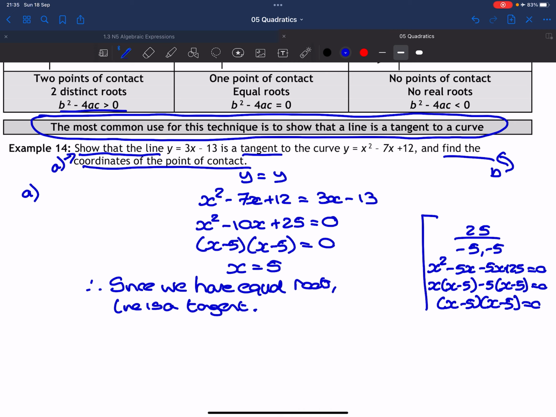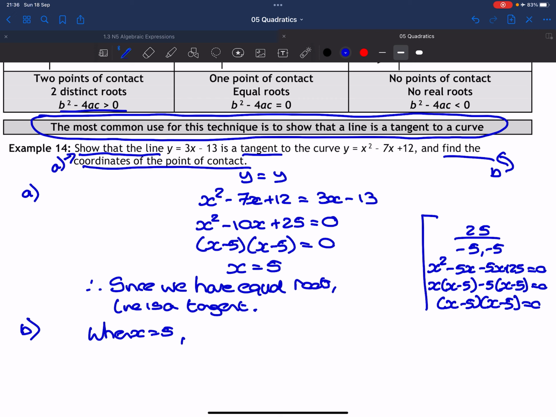Then we can continue on and do part B. I want to find the coordinates of the point of contact. I've nearly done that because I have one point of contact, which happens when x is 5. So when x equals 5, I sub it into the straight line equation, which is the easiest one.